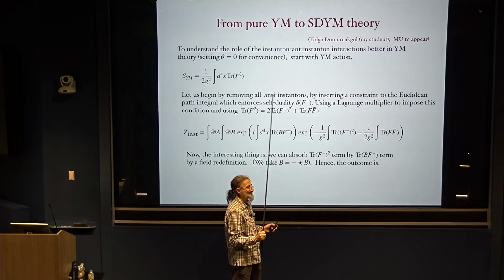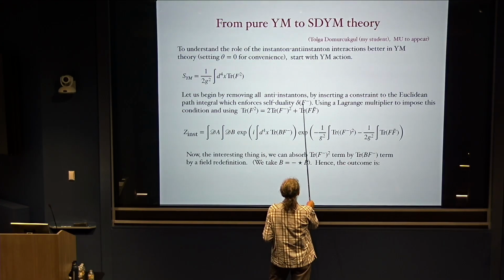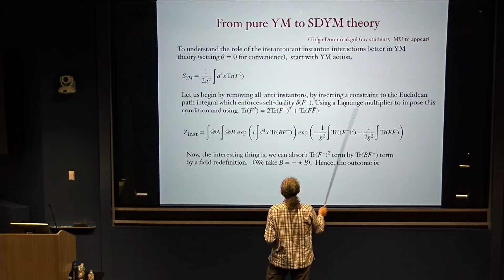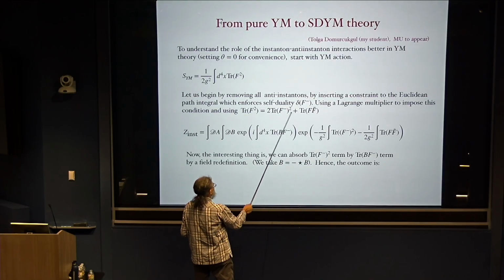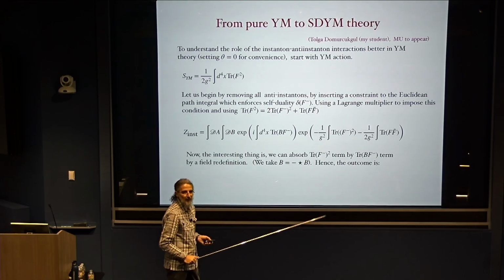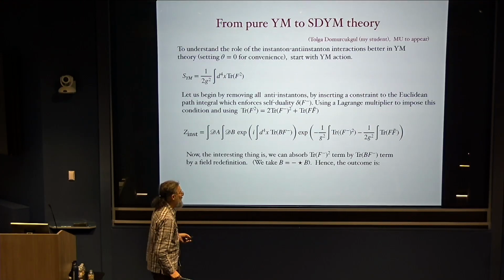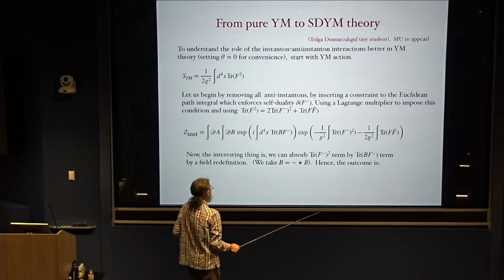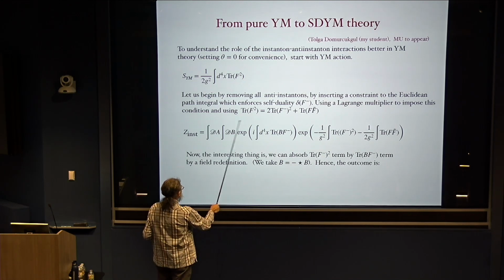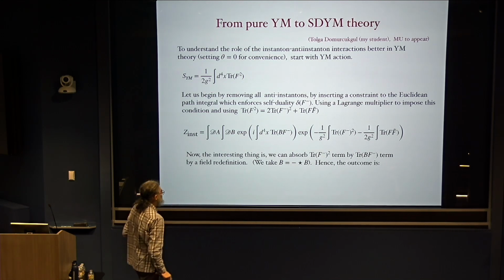Let us see what will happen. It is surprising. Let us impose this by a Lagrange multiplier, and let us also write trace F squared as F minus squared and a topological term. Now, this is my trace F squared part. I wrote it a little bit differently, and this is my constraint.